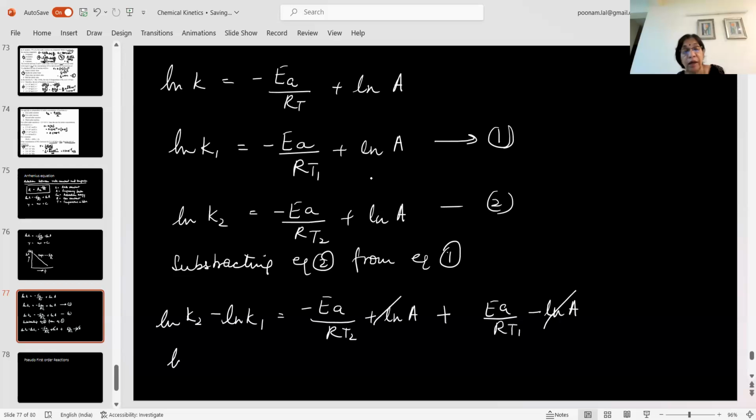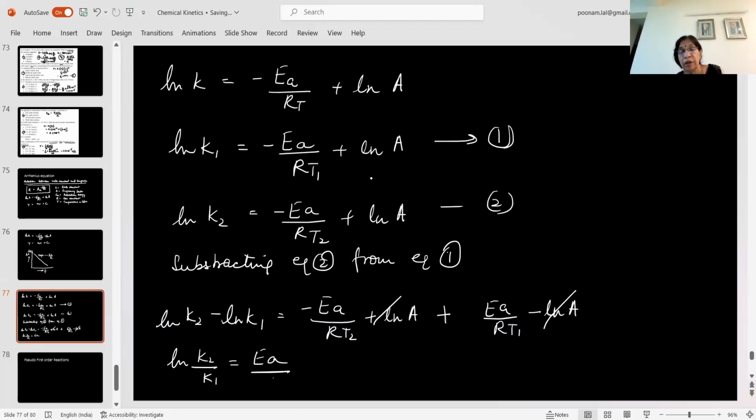So I can rewrite this as ln K2 by K1. Log of A minus log of B is equal to log of A by B. So ln K2 by K1 will be equal to minus, I'll bring this whole thing in front.